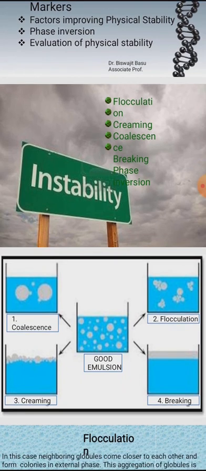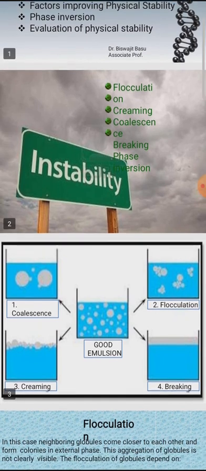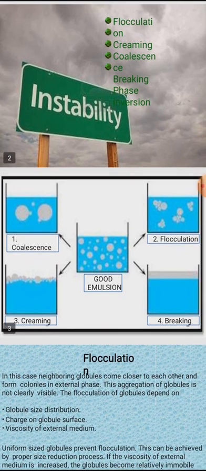According to Bancroft's rule, the type of emulsion formed completely depends on the type of emulsifying agent used. For example, we have used O/W type emulsifying agents, for example Tween 20, 40, 60 and 80. If we use this O/W type emulsifying agent, the type of emulsion that will form will also be O/W.